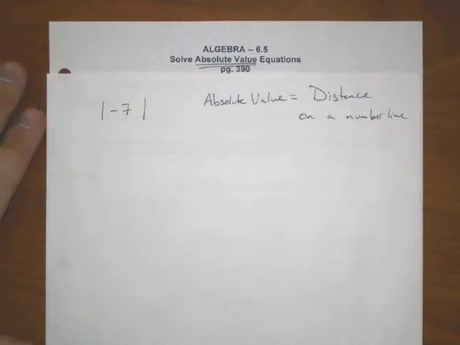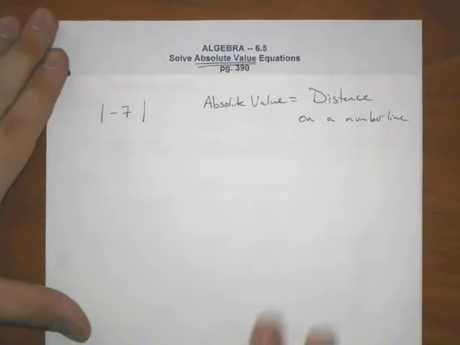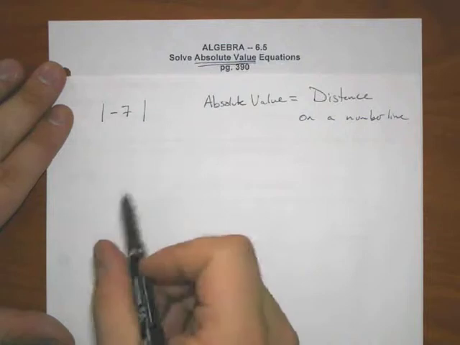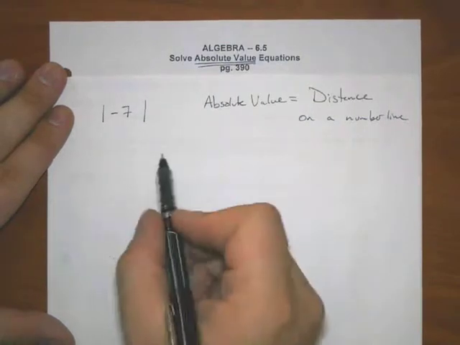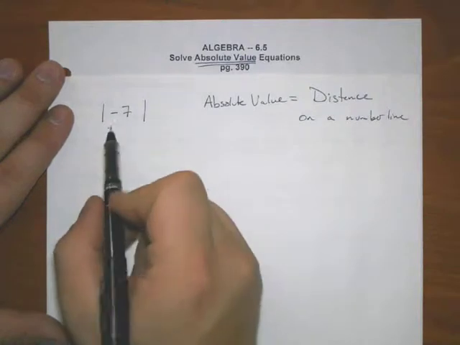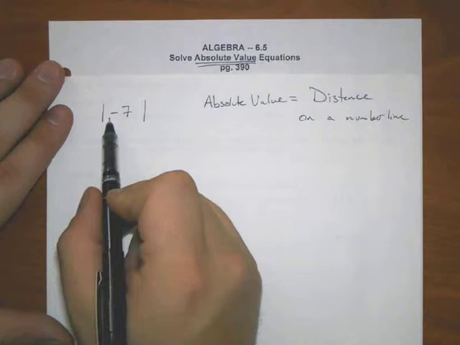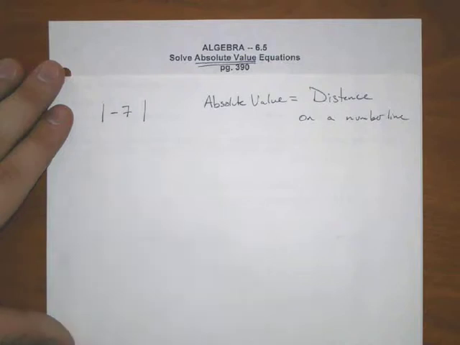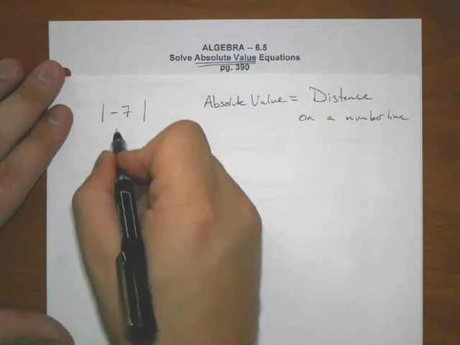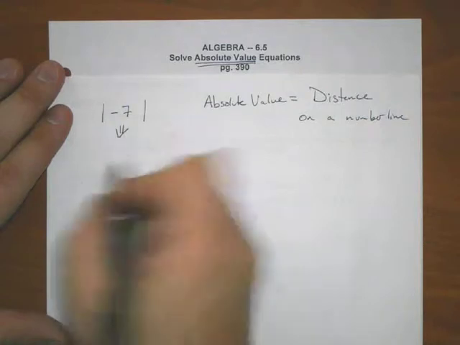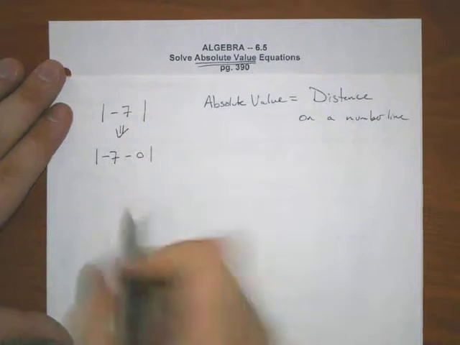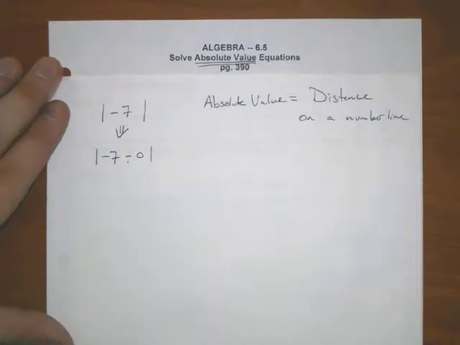If we have an equation, this distance has a kind of a cool interpretation. Let me back up just a moment before I get too far in. So the absolute value of -7 has maybe a little better interpretation if we write it in a more formal way, as a distance between something separated by subtraction.